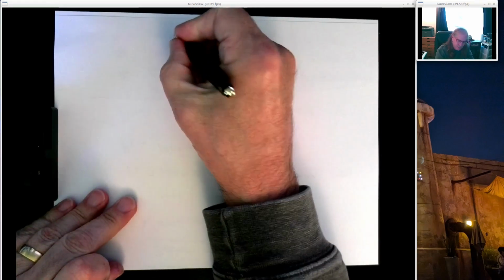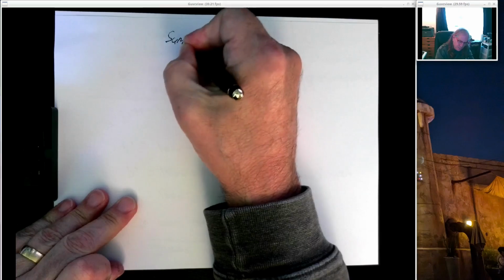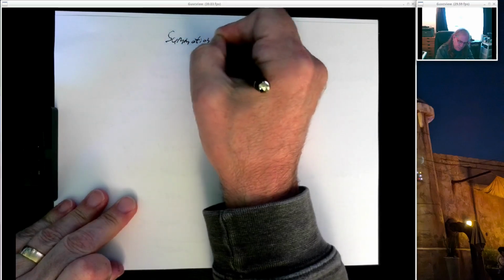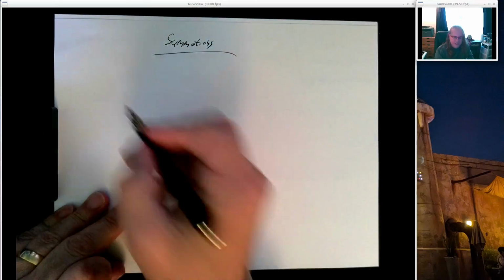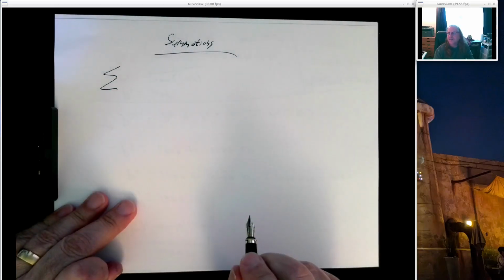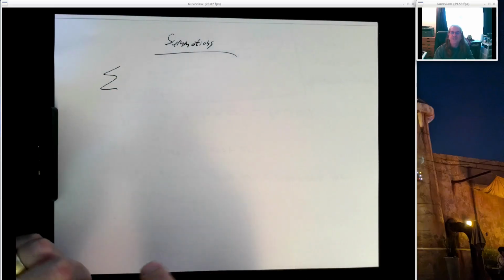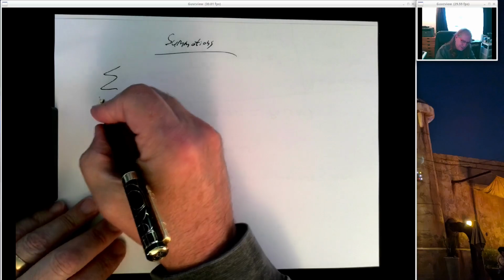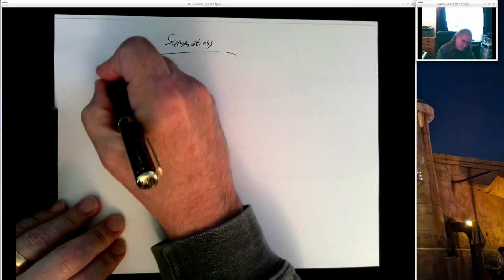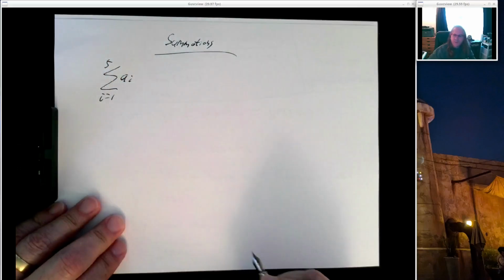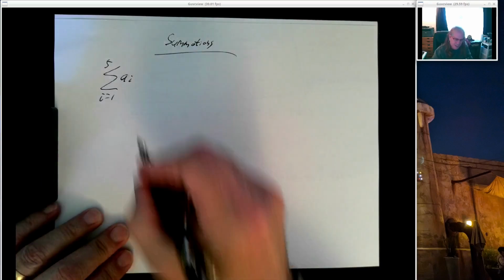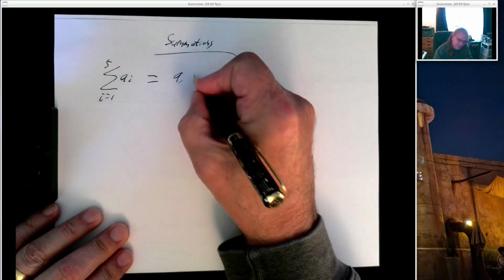All right, let's talk a little about summations. A summation is just this funny sigma symbol. You've encountered these before, right? Typically we say something like the sum from i equals 1 to 5 of a subscript i. And this is just a shorthand for the following.